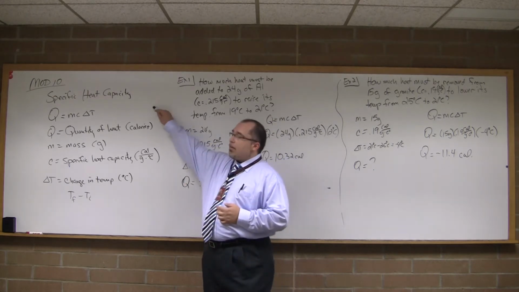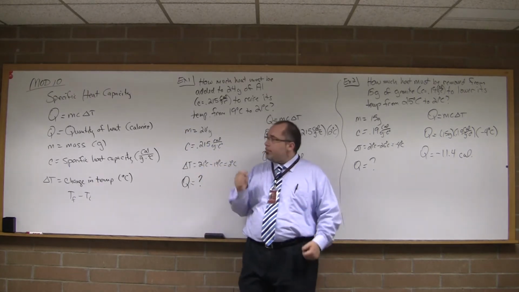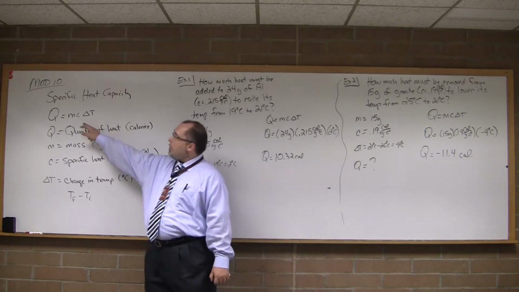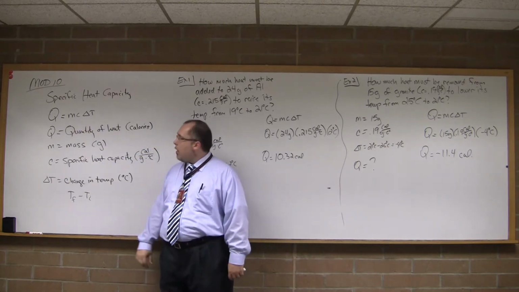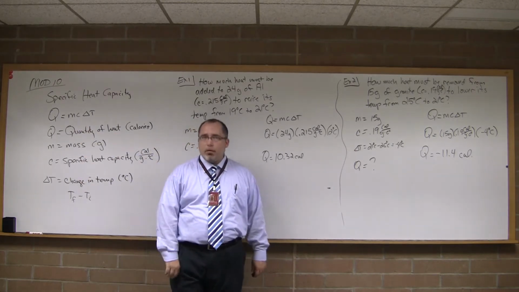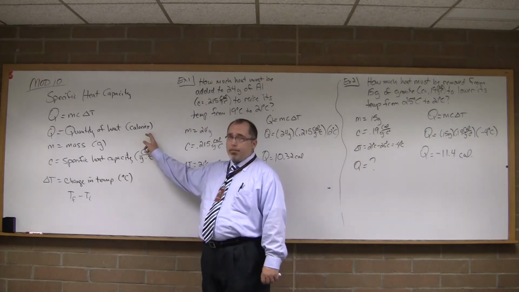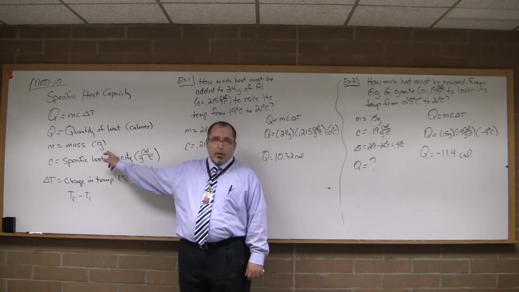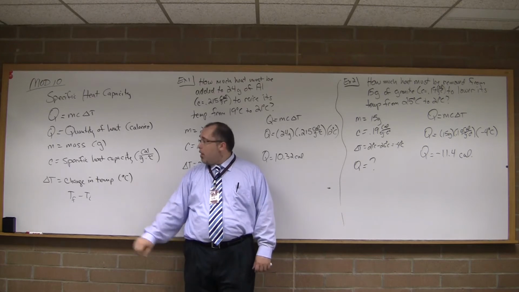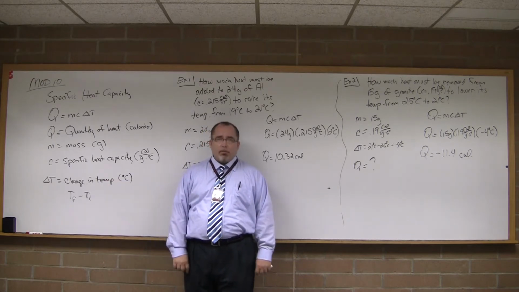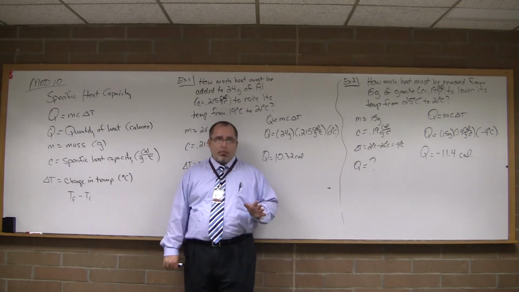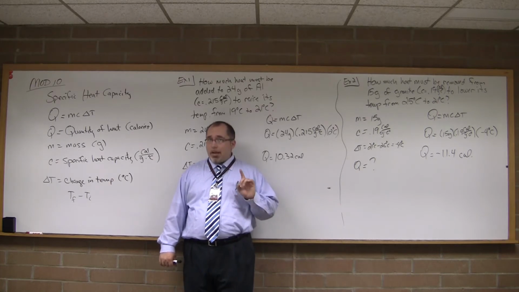Now, specific heat capacity itself has a formula that goes with it, and that's Q equals mc delta T, where Q is your quantity of heat, and the quantity of heat we measure in calories. M is mass, and we're going to use grams, not kilograms here. C is your specific heat capacity. It's different for every material. The only one you should know off the top of your head is that of water.